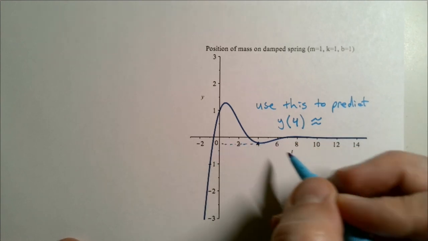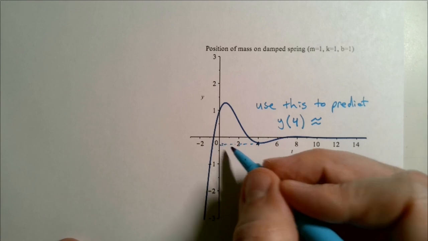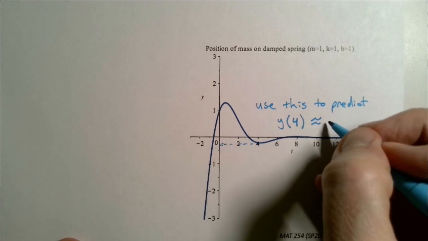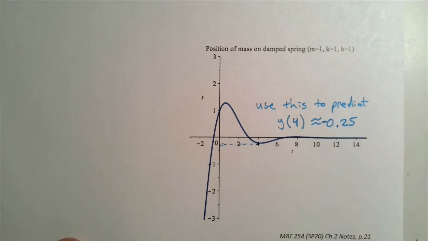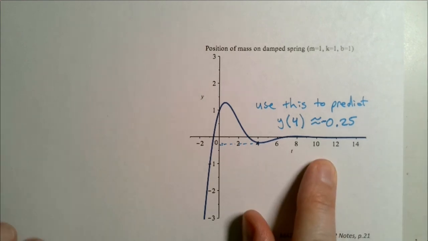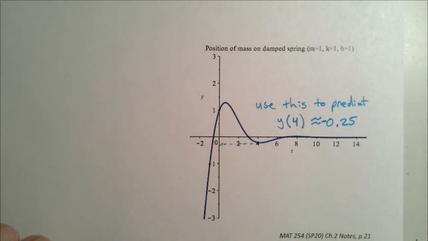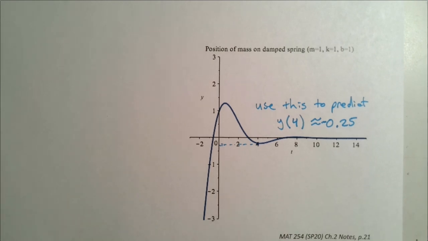Given the scale, you might say that looks like maybe 0.25. But it's negative because it's below the axis. So the position would be negative 0.25, whatever the units are that we're dealing with for position. So we can use these graphs to make position predictions or velocity predictions. We can use them to get a sense of qualitatively what's going on.